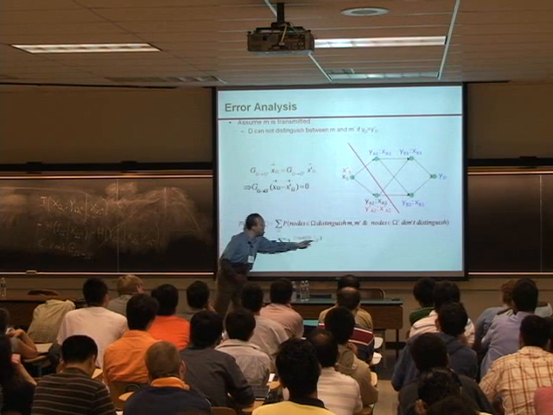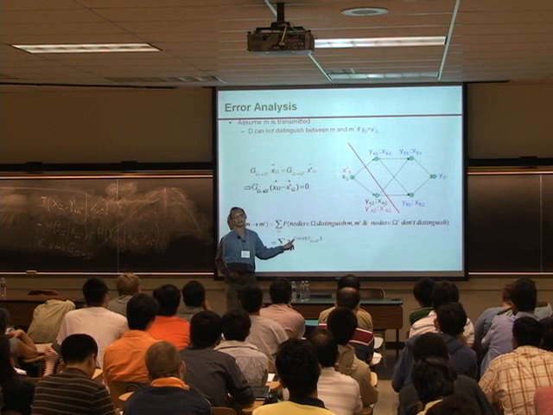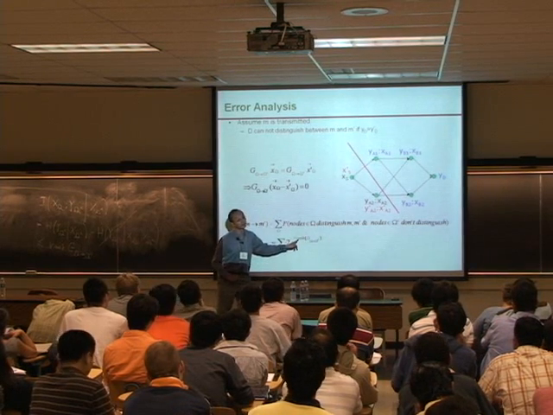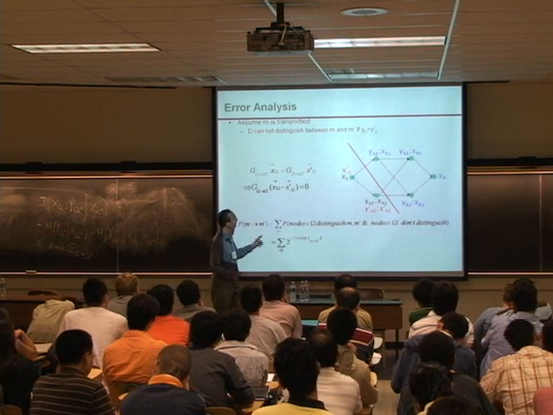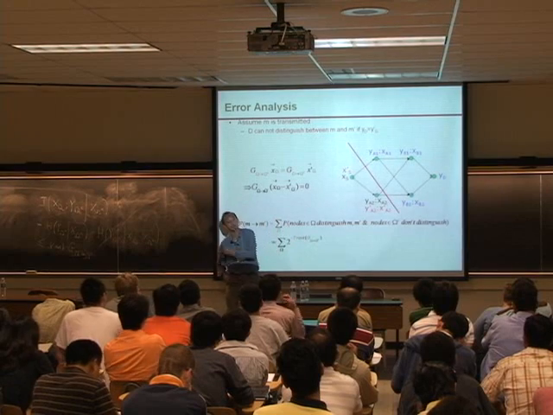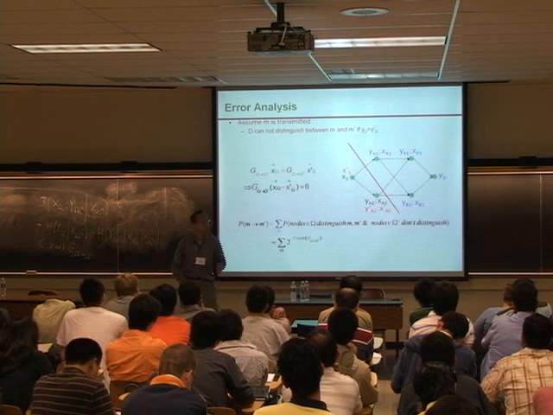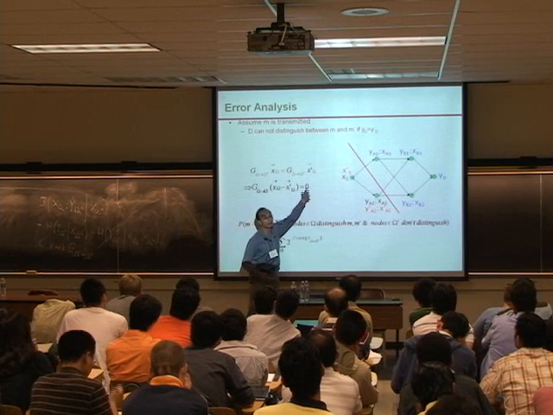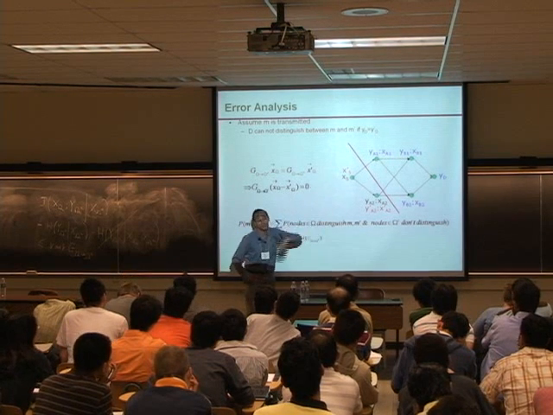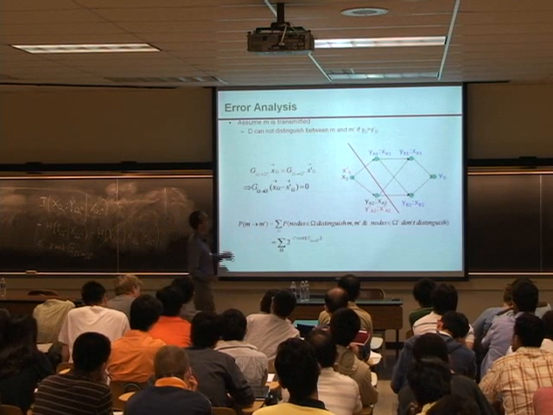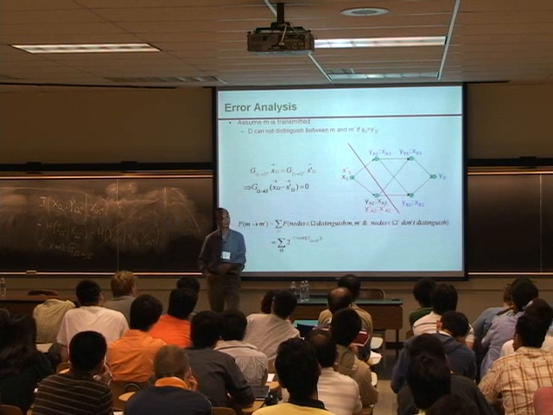It's dominated by the minimum value of this, because as a function of exponential in t, the minimum is the one with the biggest exponent. As long as the rate is less than the minimum of d, then I can choose t large enough to make this error probability arbitrarily small. This error probability is the average performance over the random ensemble. And by the pigeonhole principle, there must exist a code with that average performance.